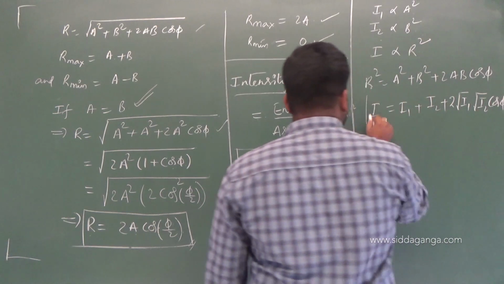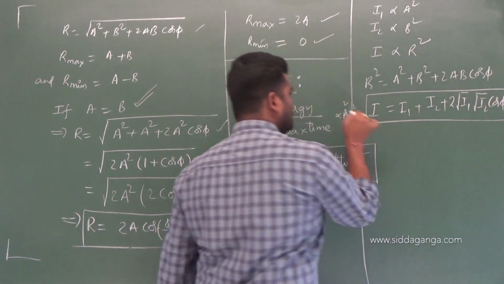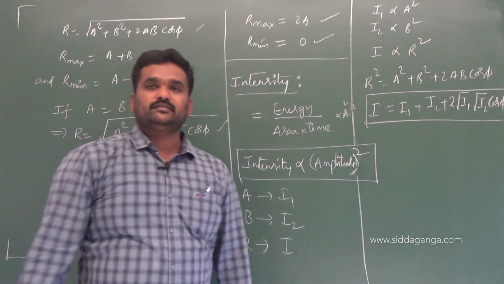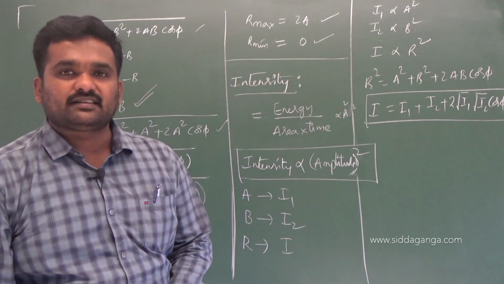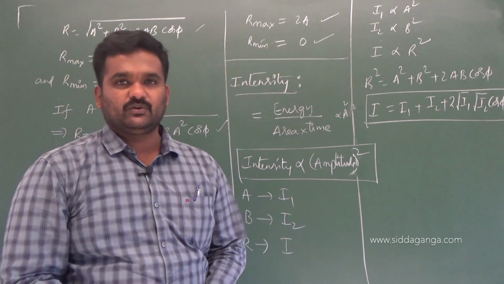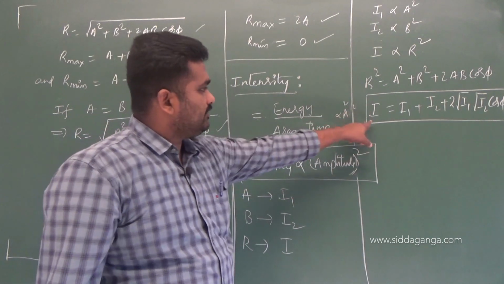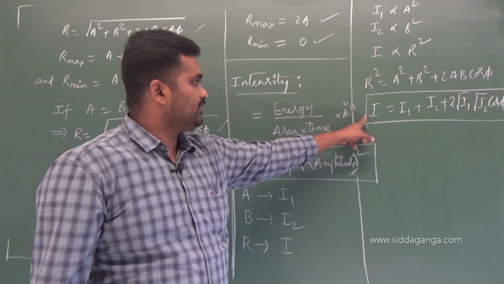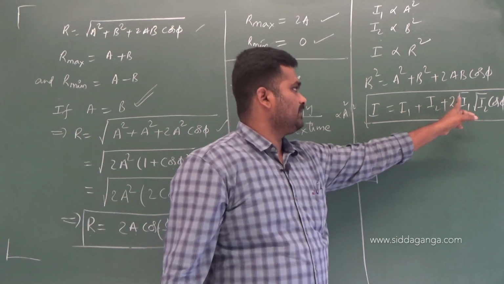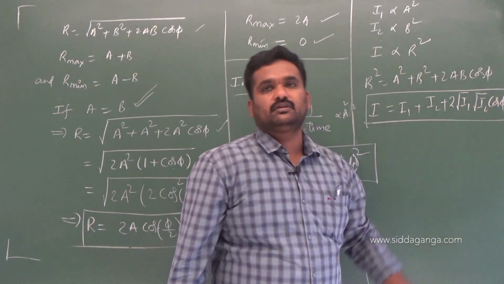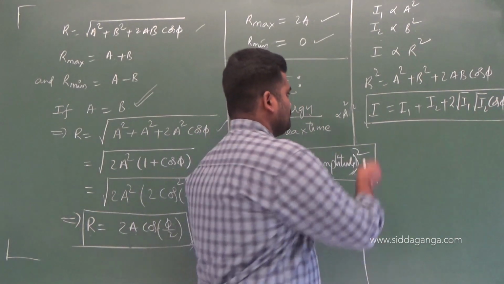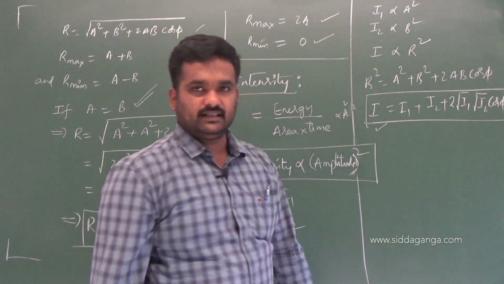This is the expression for the intensity of the resultant wave. If two waves with intensities I1 and I2 are superposed, then the resultant wave's intensity is given by I equals I1 plus I2 plus 2 root I1 I2 into cos phi. Remember this formula for intensity.